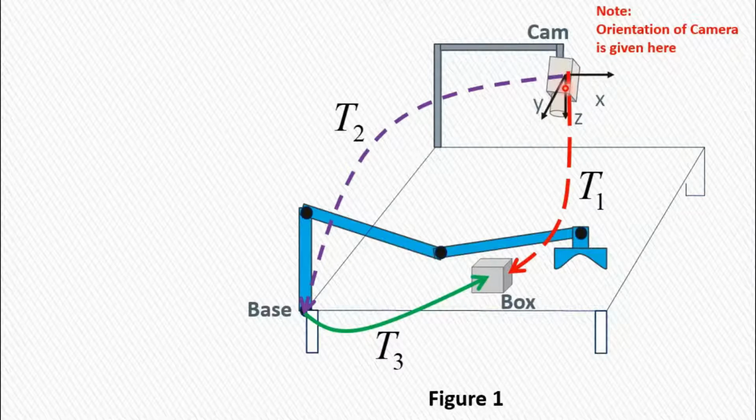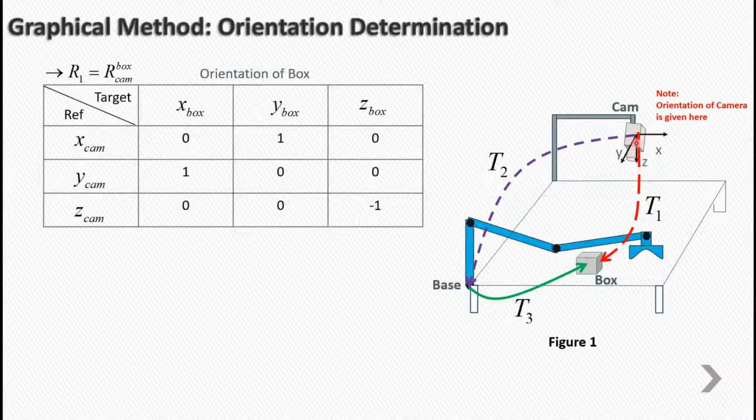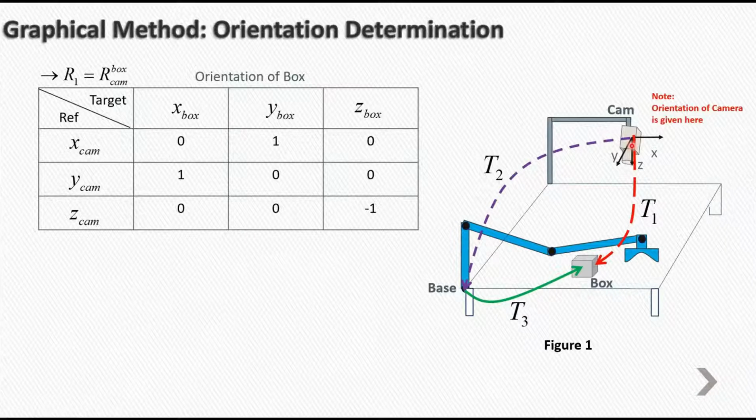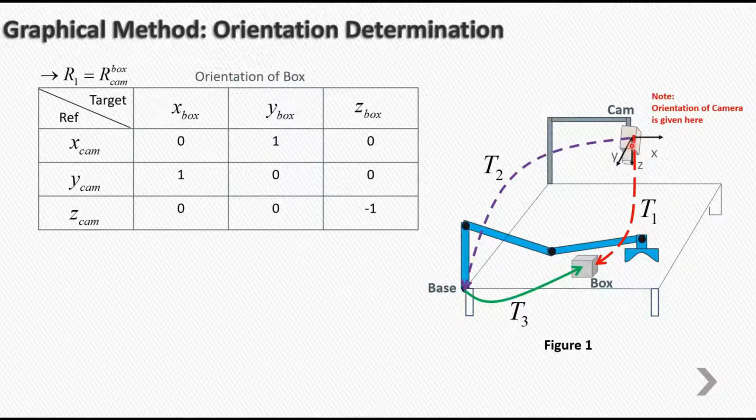So we go first to R1, which is cam to box. We want to get the orientation, or the axes, of the box first. From the matrix we can tabulate it into this table, and then we can know the orientation of the box. The first step is to find the coordinates with the non-zero values.